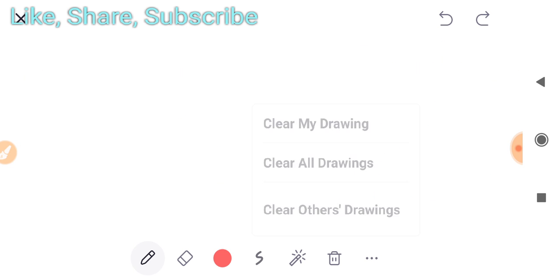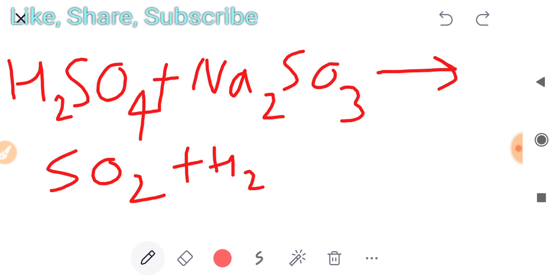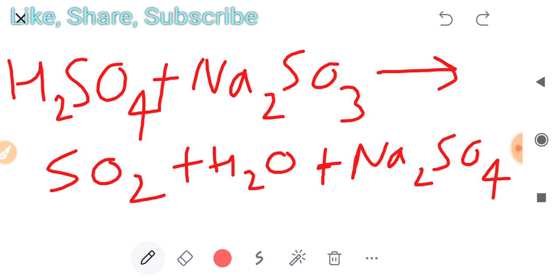So we can write an example. Suppose H2SO4 plus one metal sulfite, say sodium sulfite, Na2SO3, forms SO2 plus H2O, and its salt will be formed. What is the salt called? Na2SO4, sodium sulfate. So this is the example.